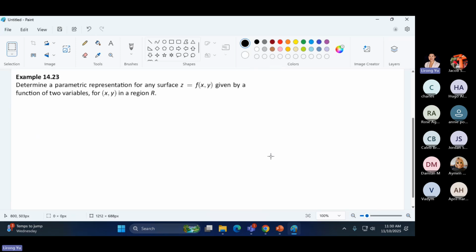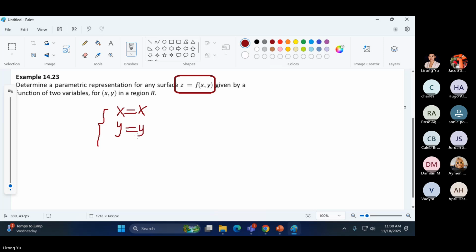Now, if you got this equation representing a surface, z equal to f of x, y, then we already have the formula for z. So you can simply go like this: x equal to x and y equal to y. And then z equal to this formula that goes f of x, y.